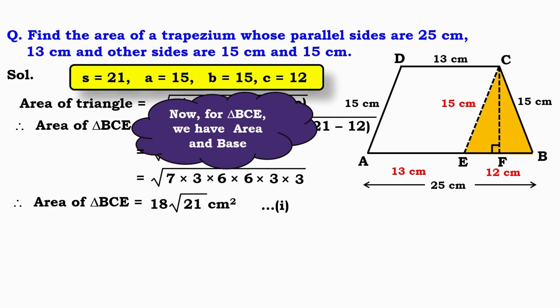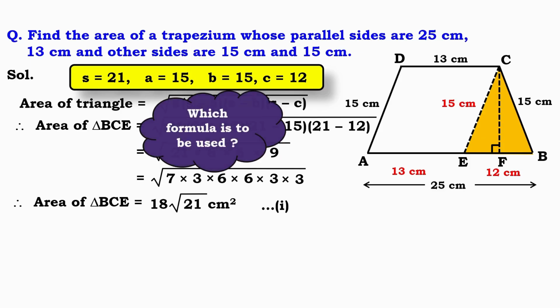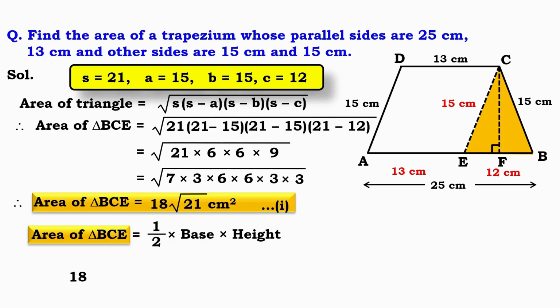Now for triangle BCE, we have the area and base. Now how can we find the height? We know another formula, that is area is equal to half into base into height for a triangle, right? So if we put that, we can easily find the height. So area of triangle BCE is half into base into height.